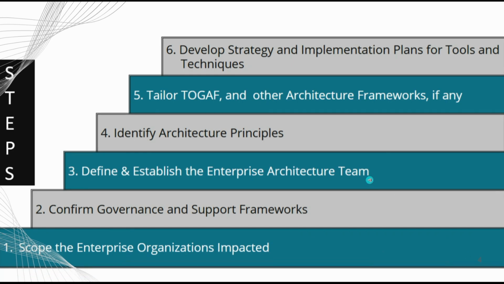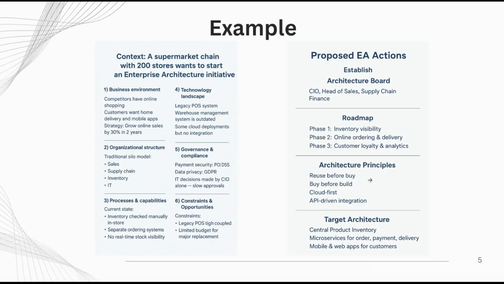So that being said, let us look into a real-time example where the context is a supermarket chain with 200 stores, and now they want to use enterprise architecture and build an enterprise architecture for them. There are a few things, like we discussed, where we have to ask questions, right? There are challenges for that organization.